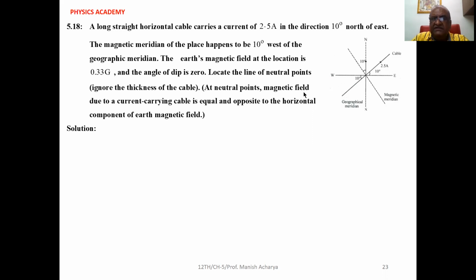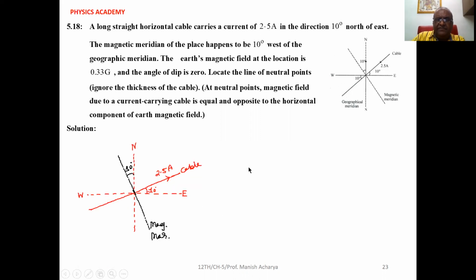At neutral points, magnetic field due to the current carrying cable is equal and opposite to the horizontal component of Earth's magnetic field. So see, as per given data and this figure, you can understand this thing. The current carrying cable is exactly perpendicular to the magnetic meridian. Okay.